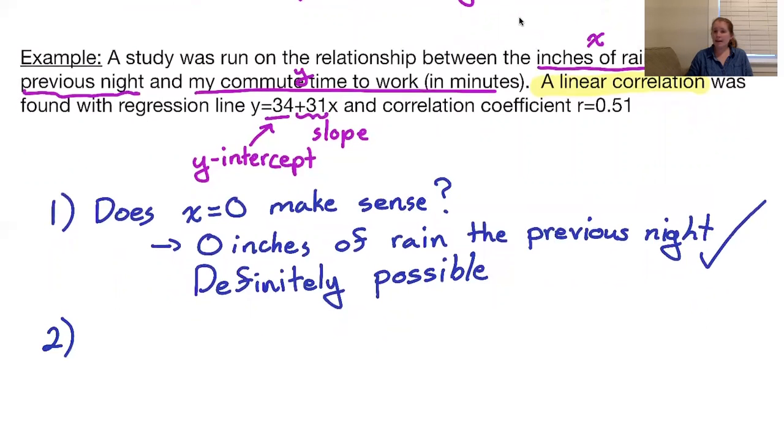Next up, do we have data at x equals 0, or are we likely to have data close to 0?